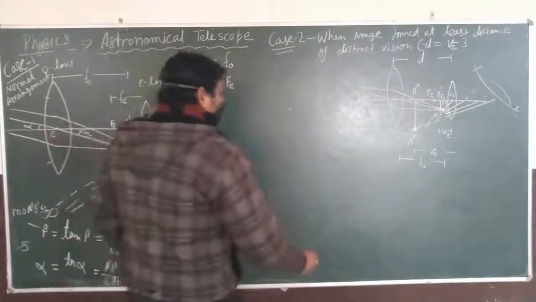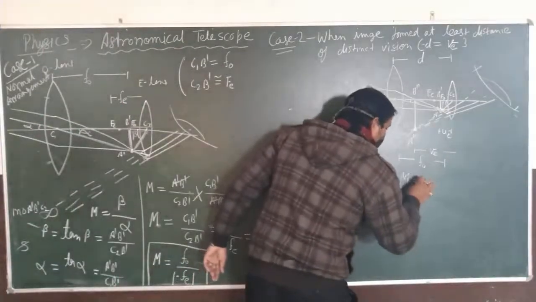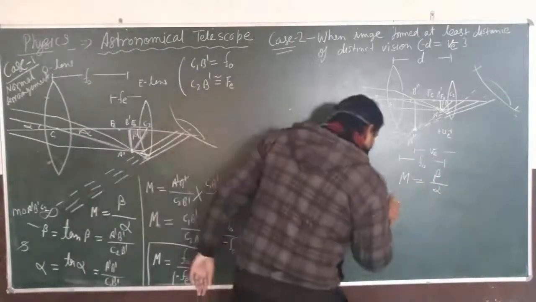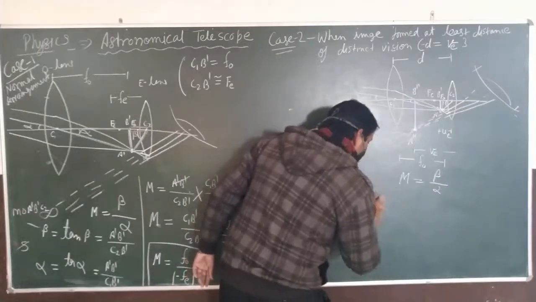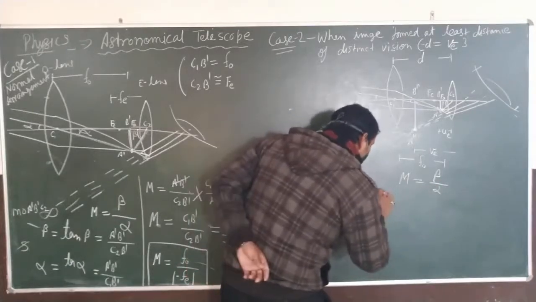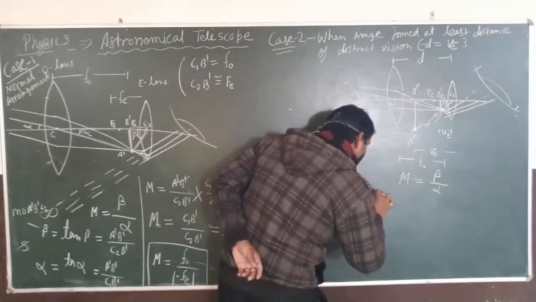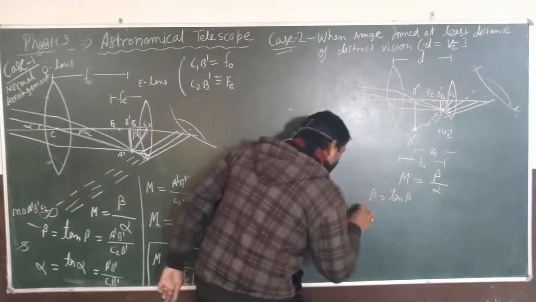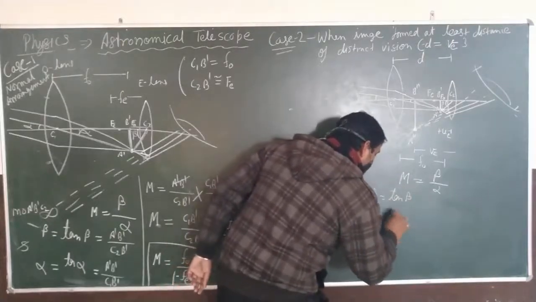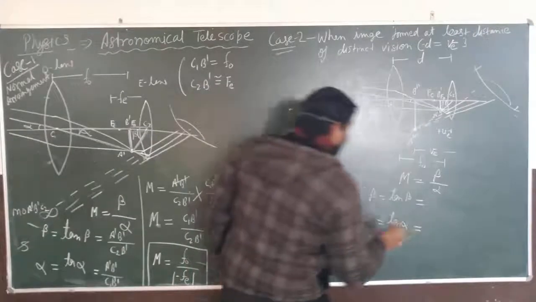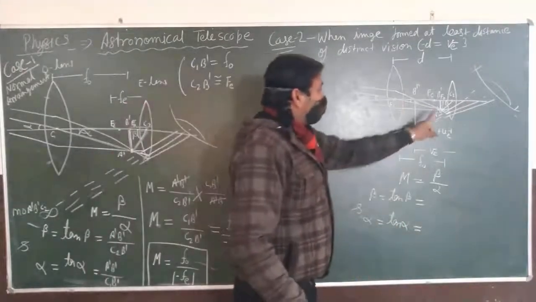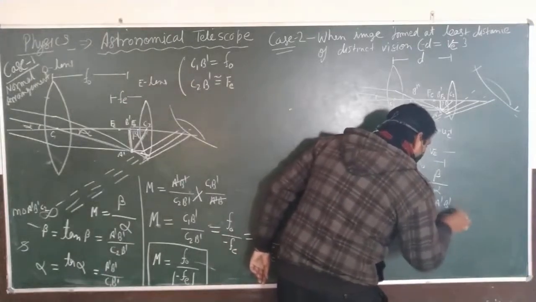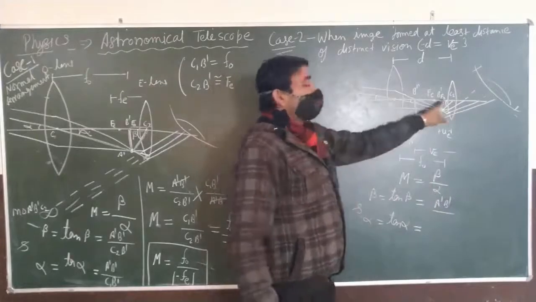Okay, now magnifying power is beta upon alpha. From here we can calculate beta and alpha, which is again from the figure A dash B dash upon distance C1 B dash, clear?